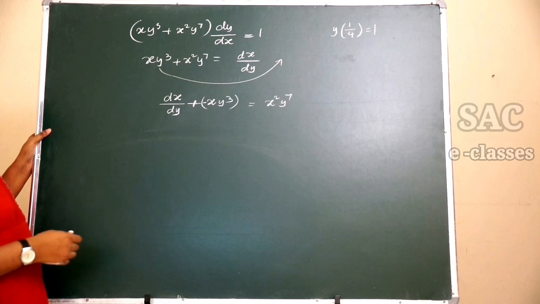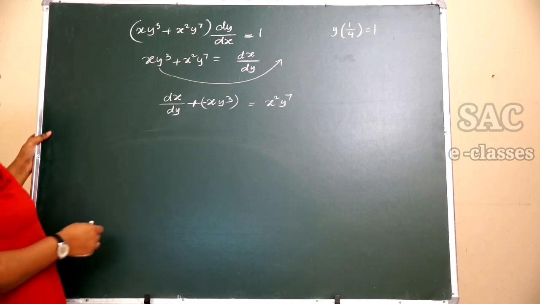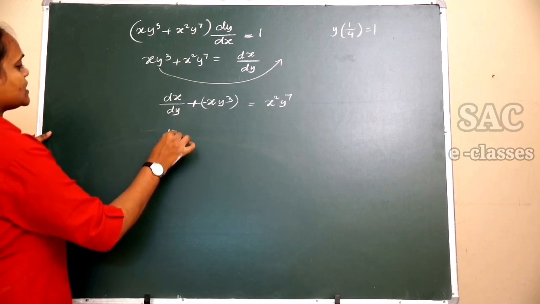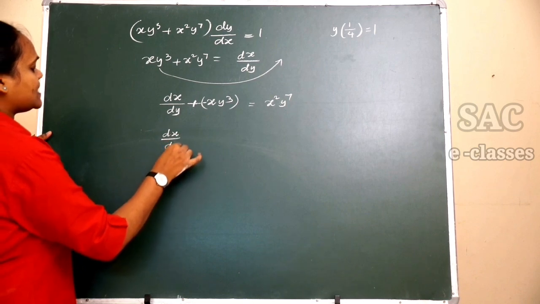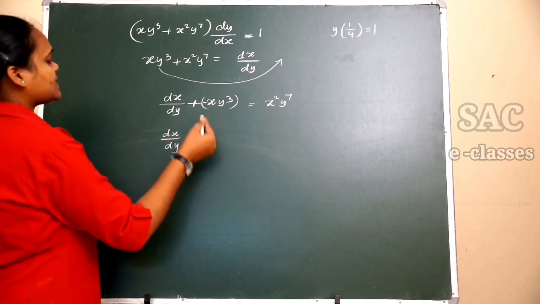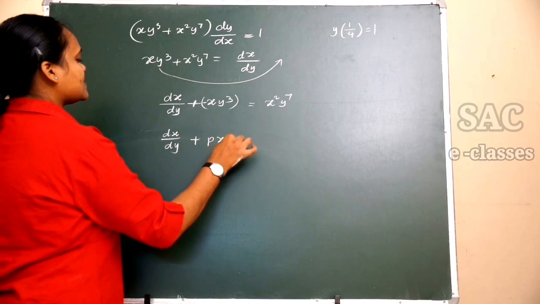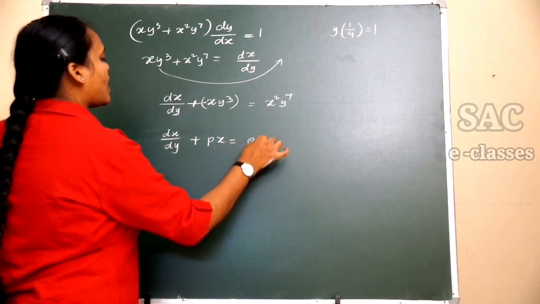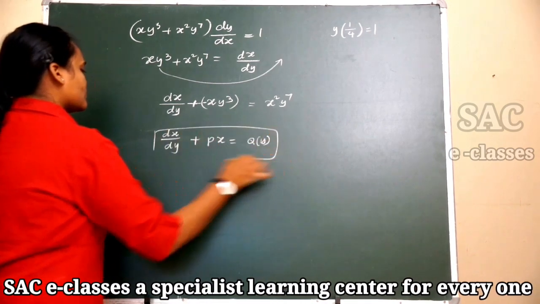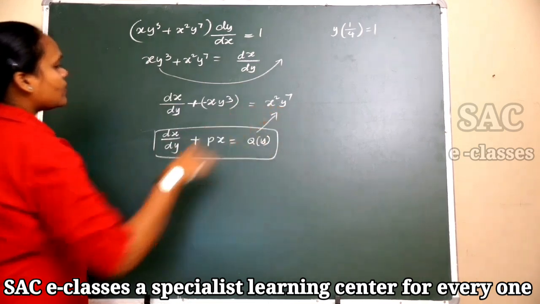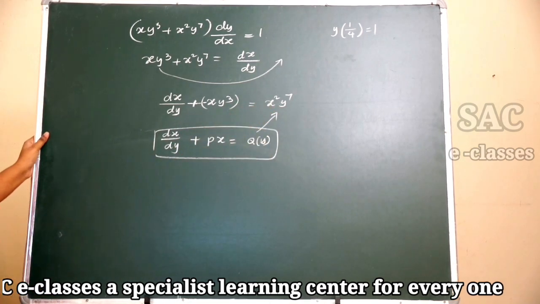We know that the general form of the linear differential equation is dx by dy plus px is equal to q of y. But if you observe, it is not in terms of q of y.